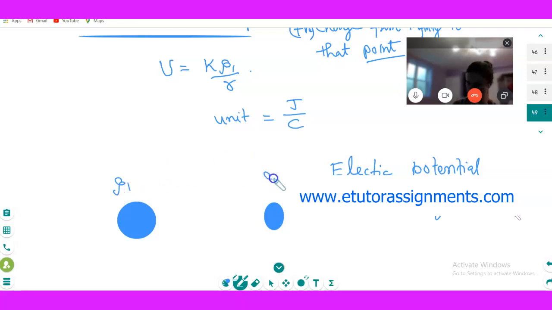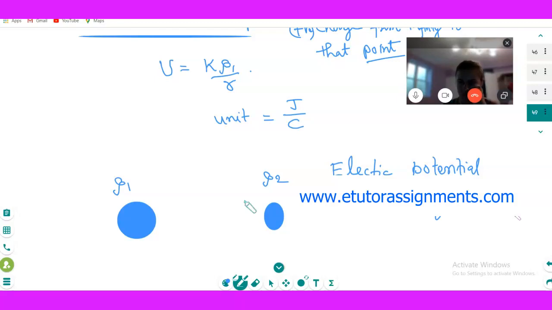Q1 will be there, here Q2 will be there. These two charges we will call a system. Why is it a system? Here we have Q2, meaning we have brought Q2 charge from infinity to this point. We did some work.